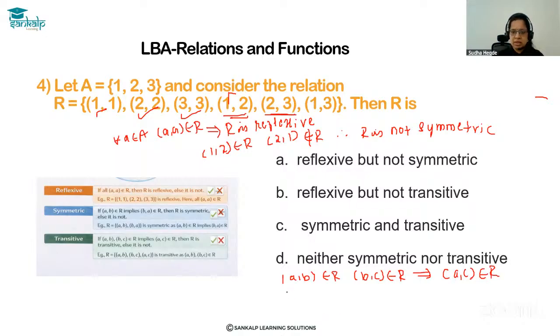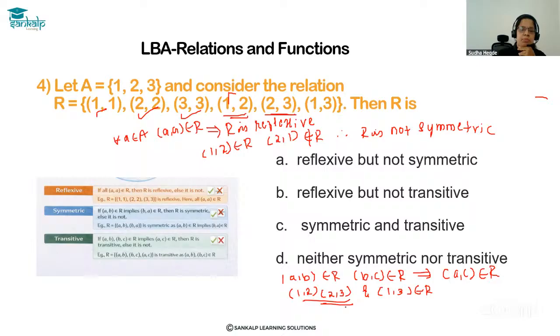So in this case, (1, 2), (2, 3) and also (1, 3) belong to R. For this pair, transitive is true.